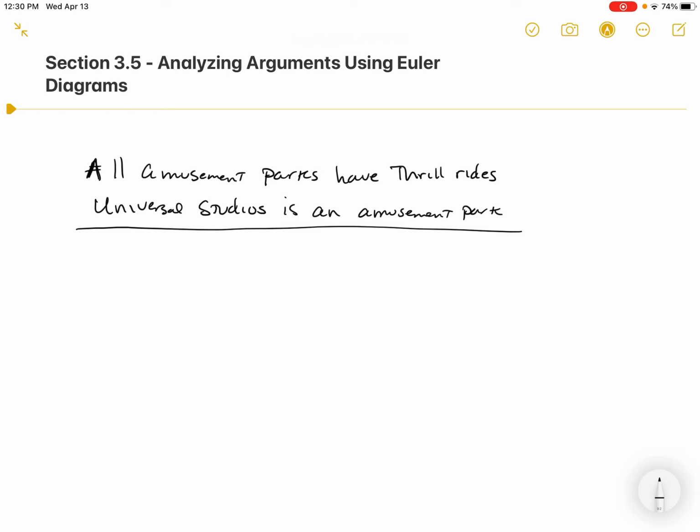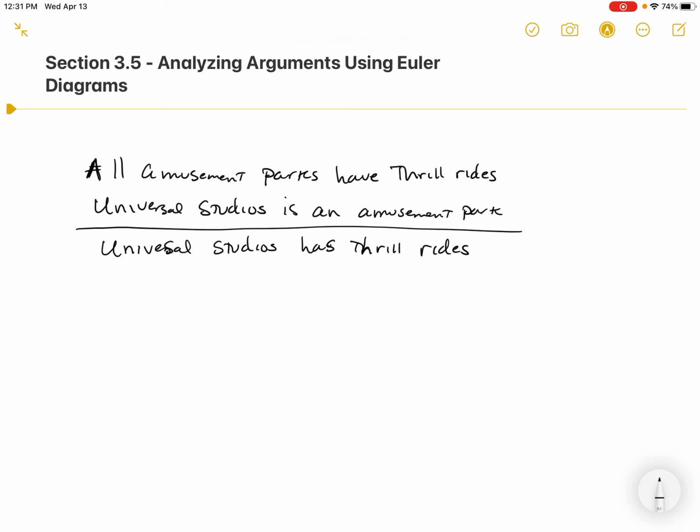And then they'll put this line. Sorry about my lame handwriting. So then it will say Universal Studios has thrill rides. And they want to know whether this is a valid argument or not.